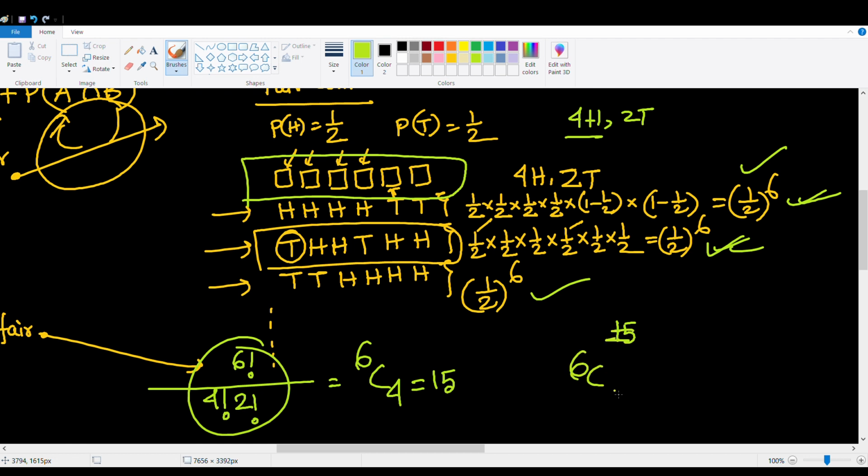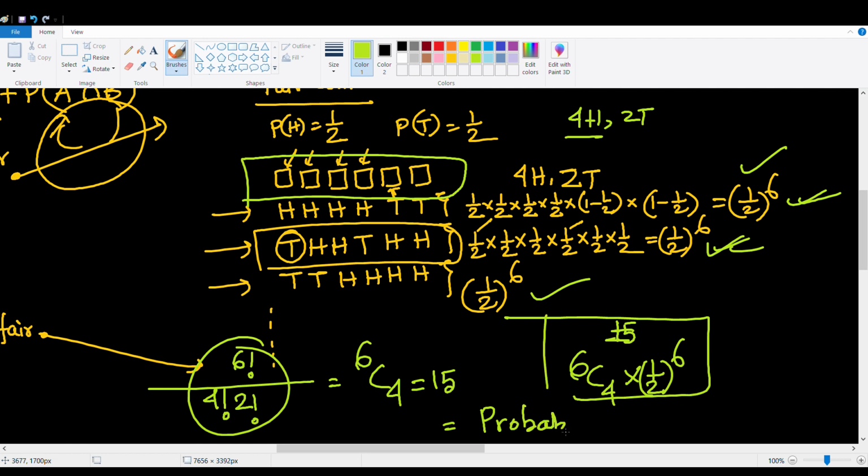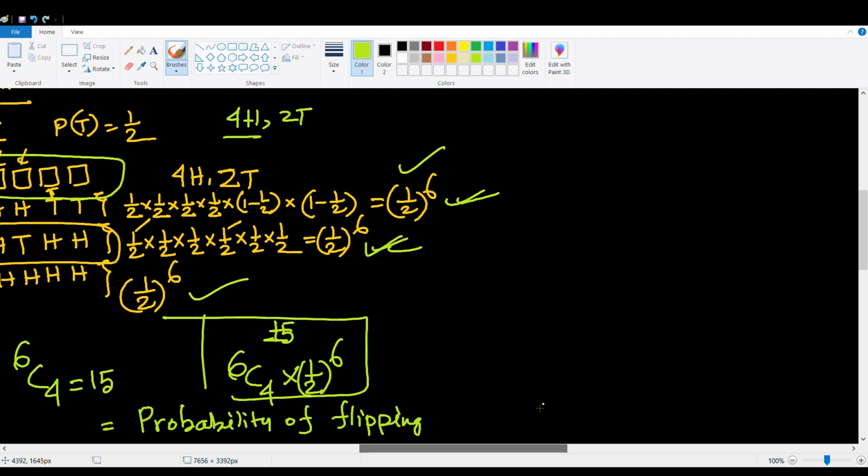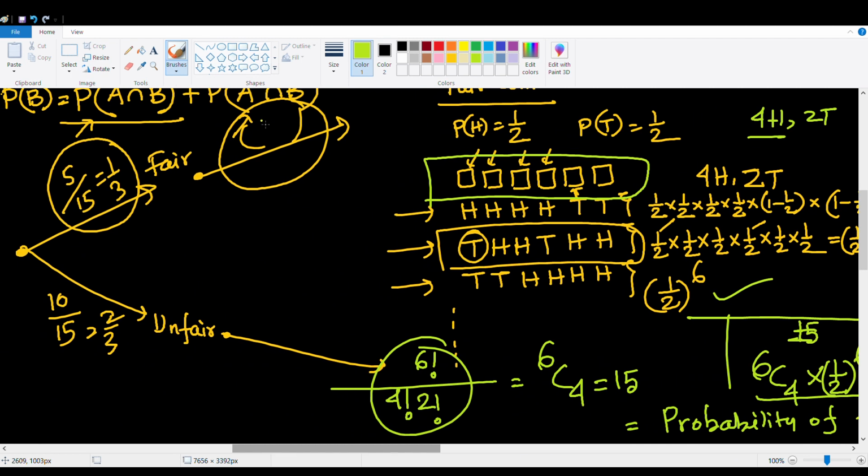That means 6C4 times half to the power 6 is the probability of flipping 4 out of 6 heads with a fair coin. So we are going to put this probability in the tree here. Okay, so this is 6C4 times half to the power 6 here.